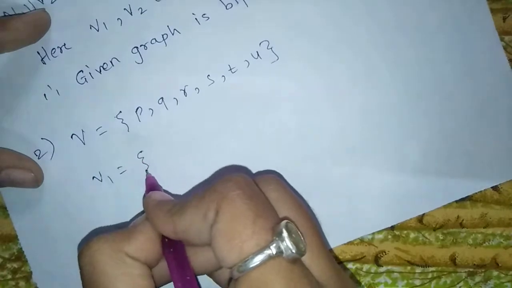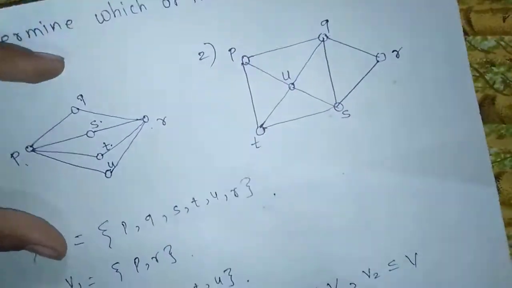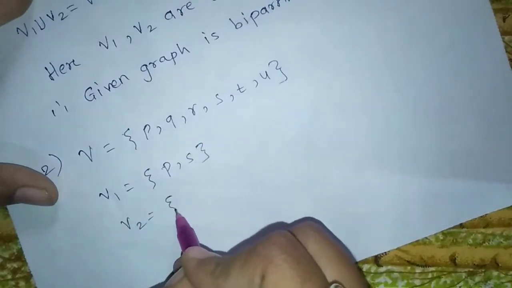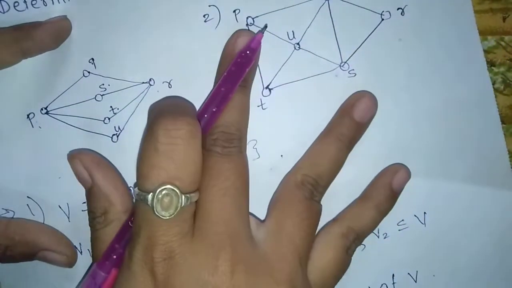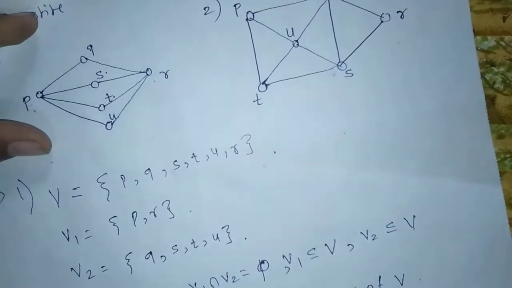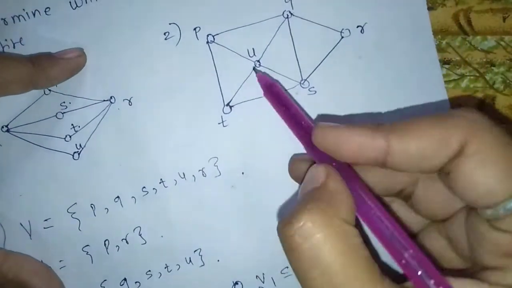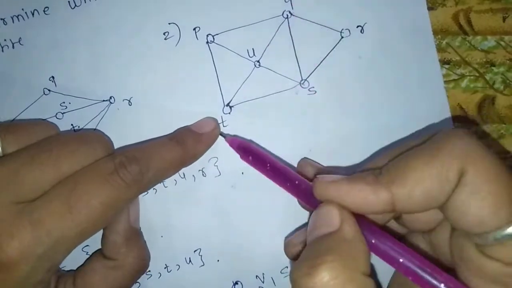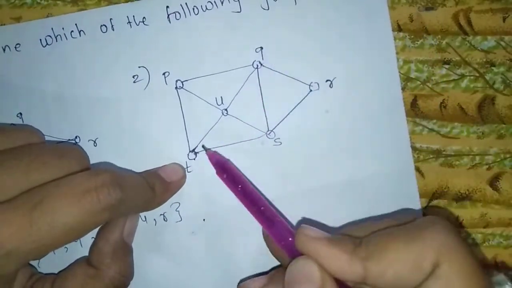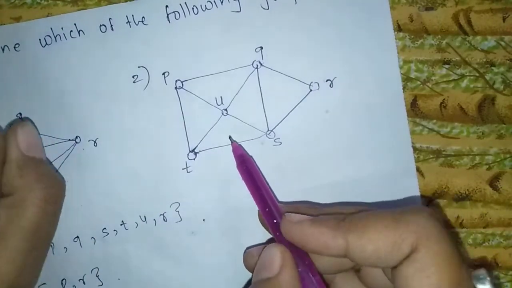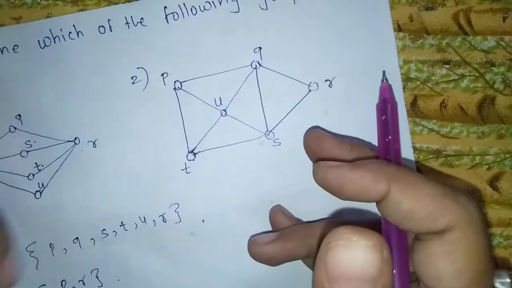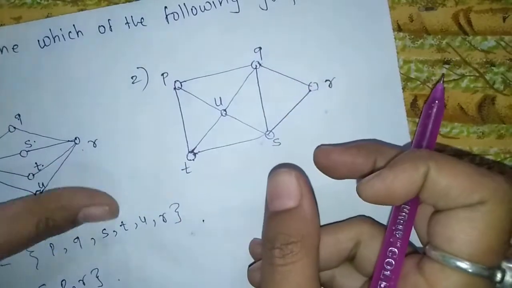If we take V1 equal to P, S, and for V2, we have already taken P and S in V1. Now for V2, we can take T, Q. Also, you can take T, R because there is no edge between T, Q and T, R. But you cannot take T, U, U, Q, Q, R because there is an edge between these vertices.